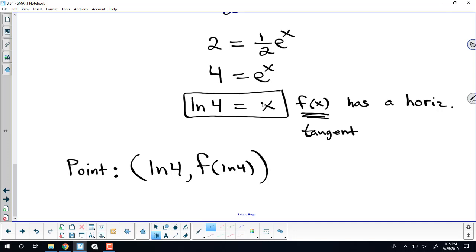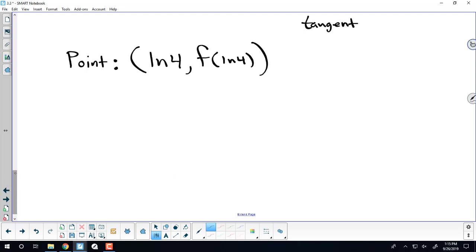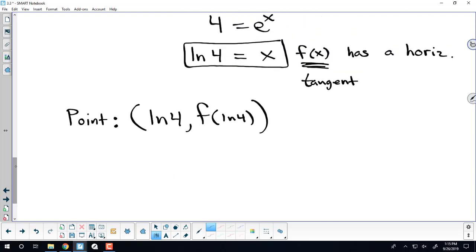Again, we're referring back to the original function when we plug that in, because it didn't ask for points on the derivative, it asked for points on f of x. So we don't necessarily need to solve for y, we just know that y is represented by the function at ln 4, the natural log of 4.